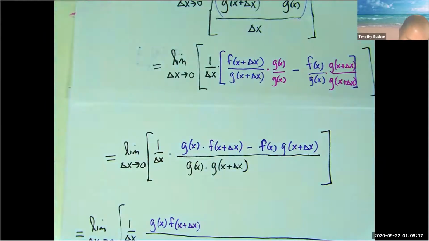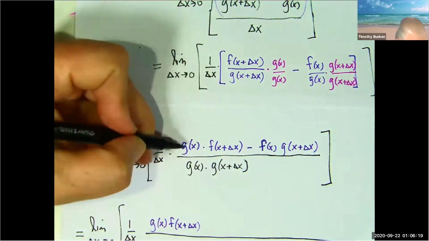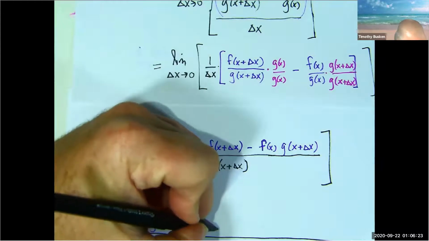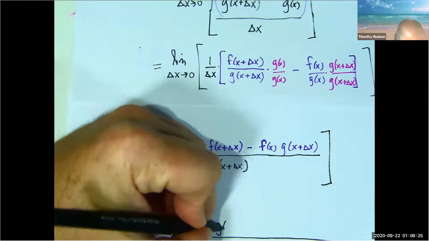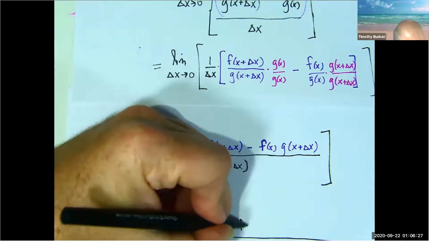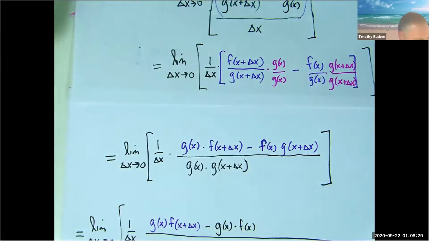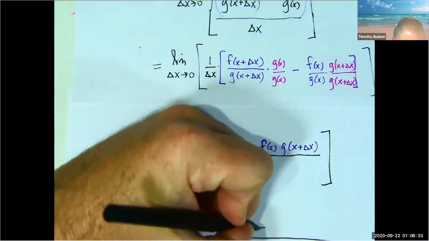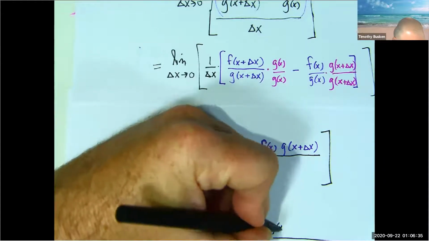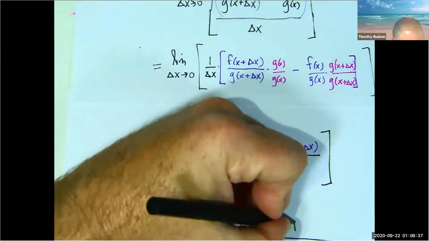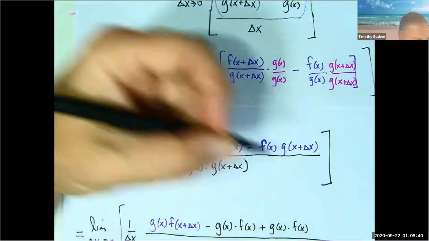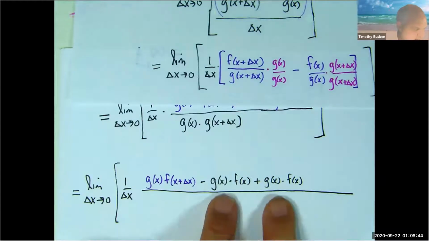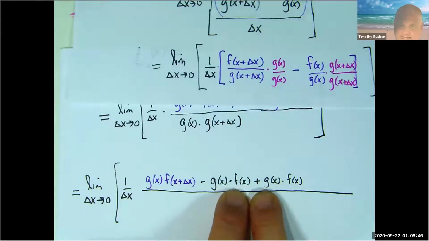Okay, and what we're going to do is take this first piece of the numerator, and subtract from that g of x times f of x. And then we're going to add g of x times f of x to the same numerator. And so when I take these two terms and add them, I get 0.